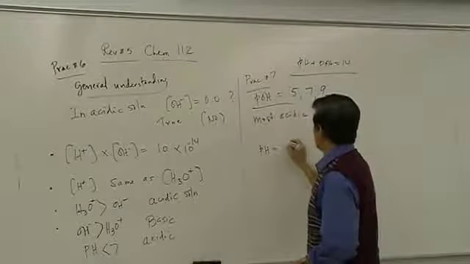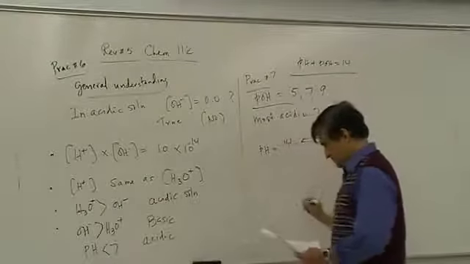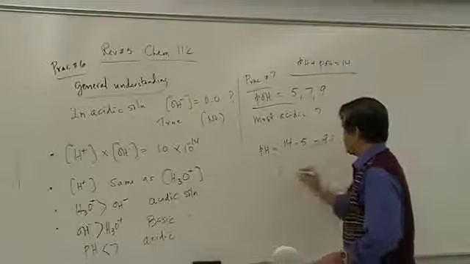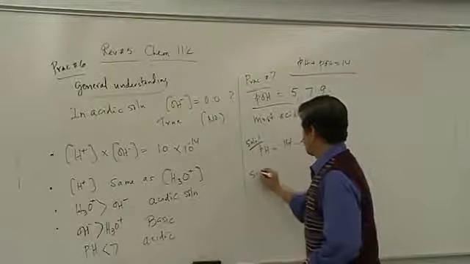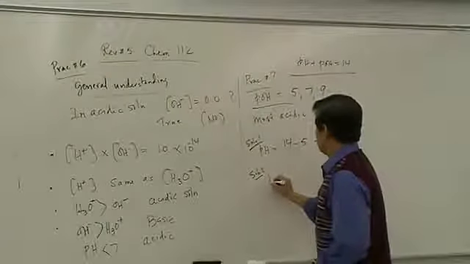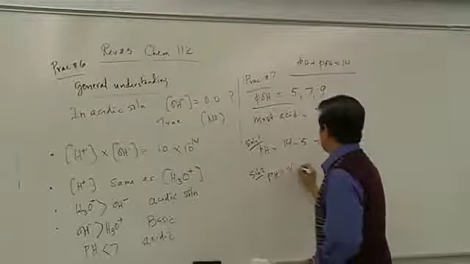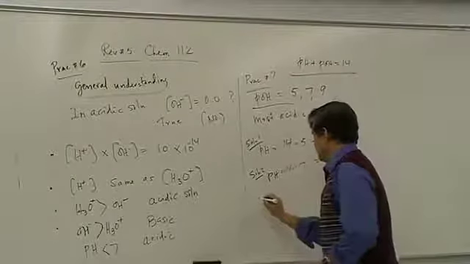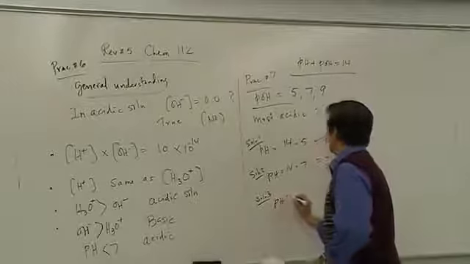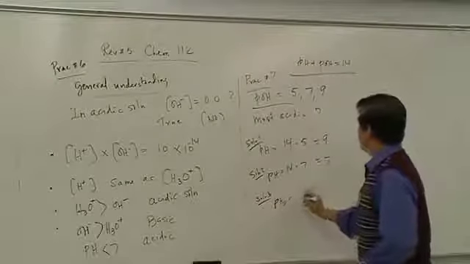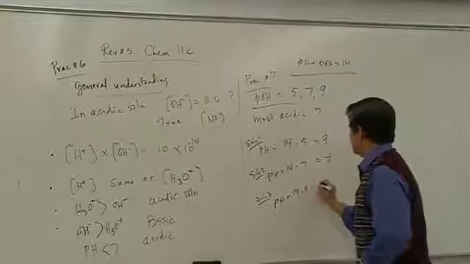For solution 1, 14 minus 5 gives 9. For solution 2, pH is 14 minus 7, that's 7. For solution 3, pH is 14 minus 9, that's 5.